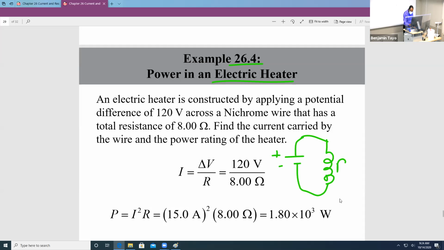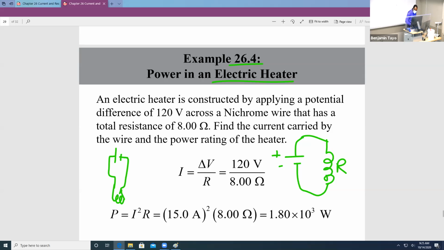And this coil has a given resistance R. Let me try to draw this in a way that looks better. So this is plus and this is minus, and then this is connected to the coil. That looks like that.